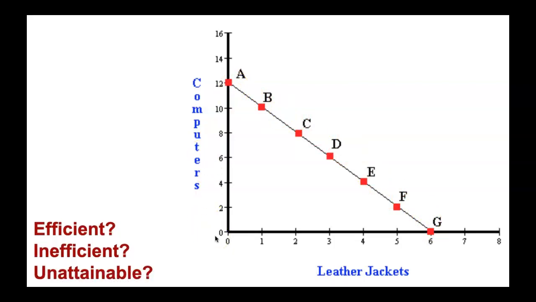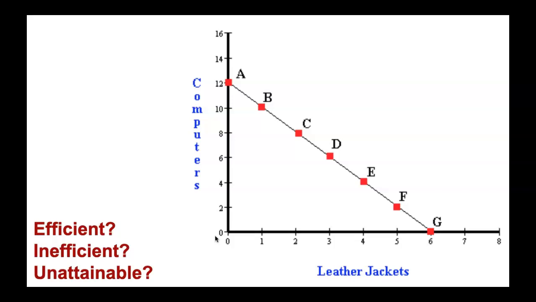If the production quota were set at 8 units of computers and 2 units of leather jackets, would that be an efficient, inefficient, or unattainable production level? If production were set at 2 units of computers and 5 units of leather jackets, would that be efficient, inefficient, or unattainable production level?